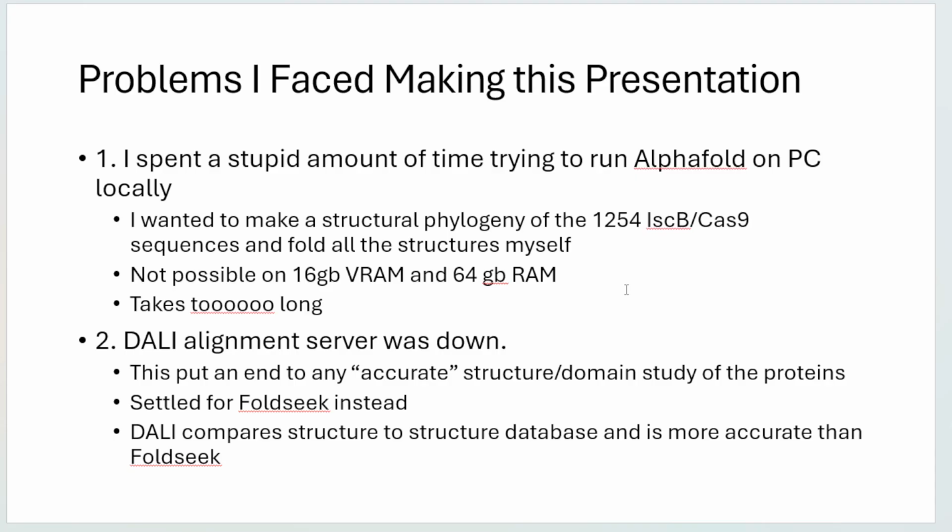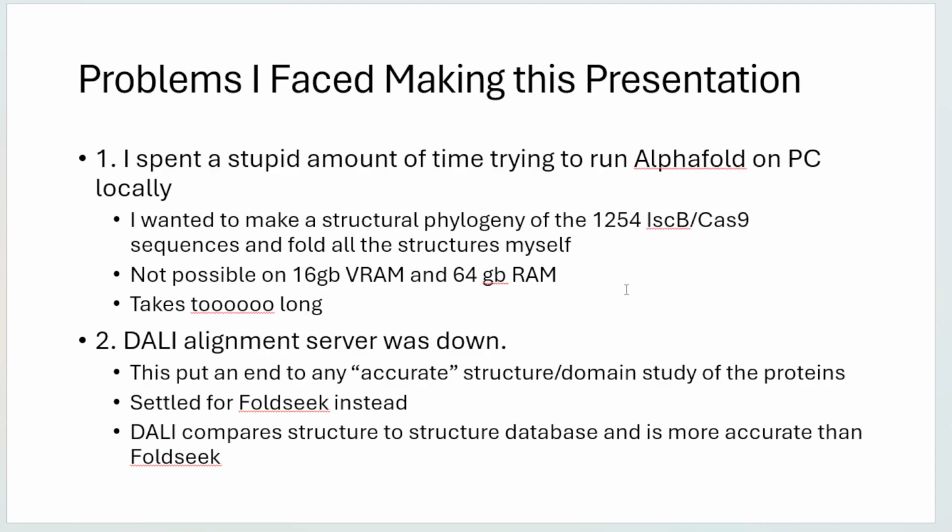Anyway, the other issue that I had was the DALI alignment server was down. And I would much have preferred to do most of my alignments on DALI Align. But what's happened is that it started working just as I put together this presentation at the very last minute, so I'll show you what that looks like later.